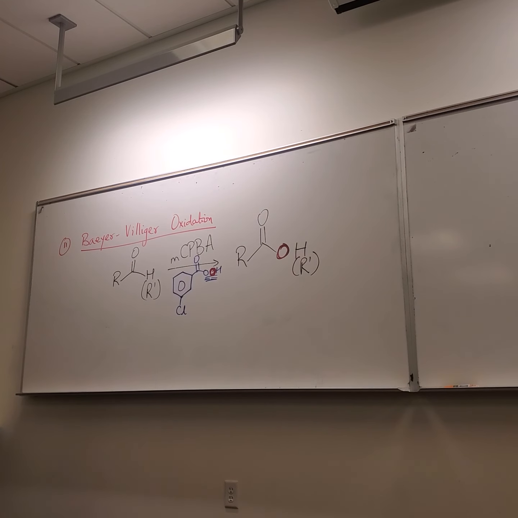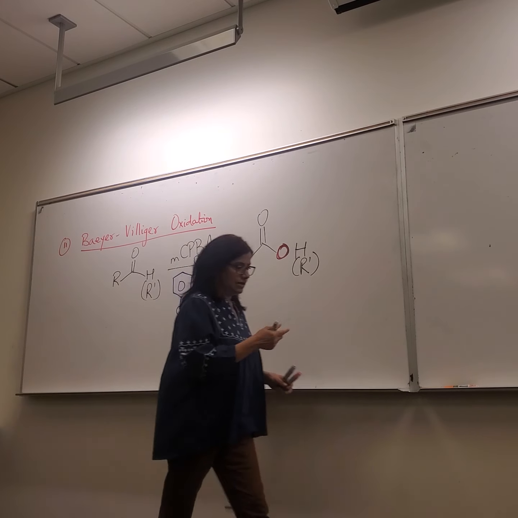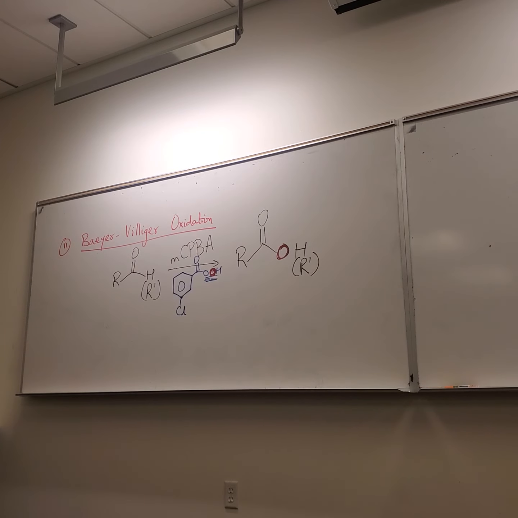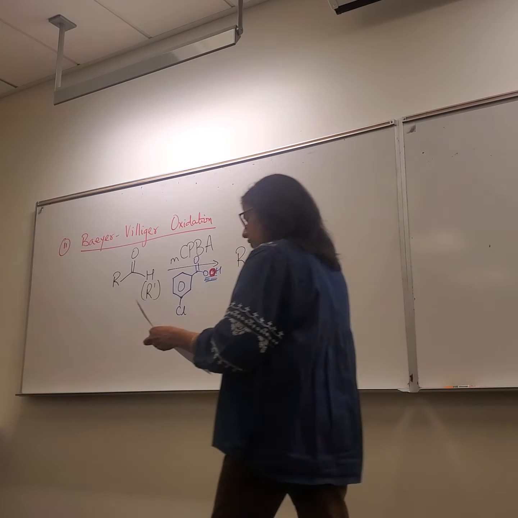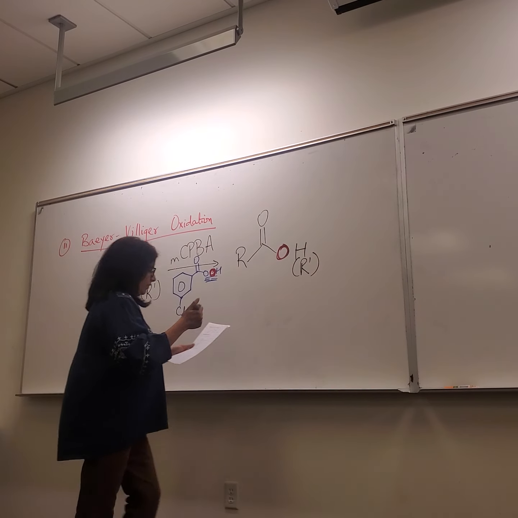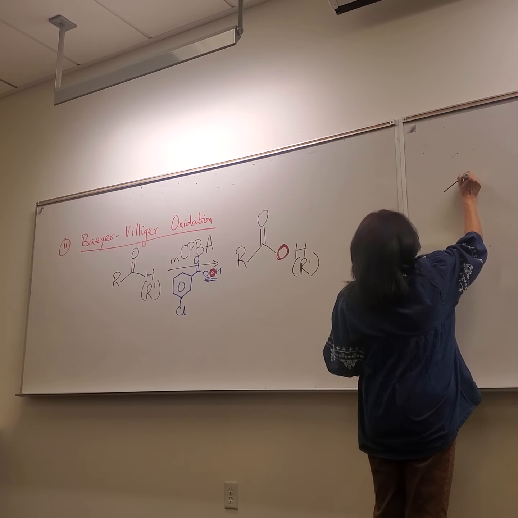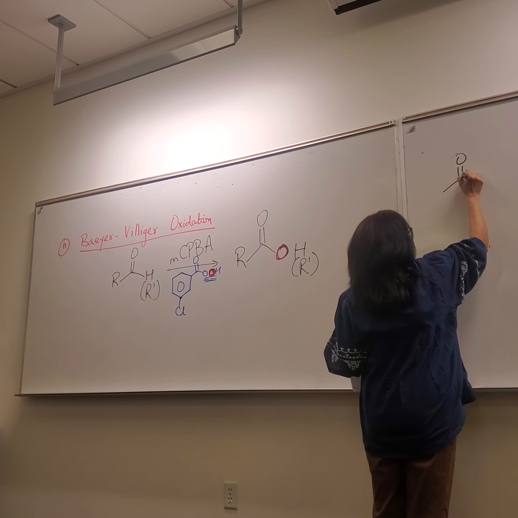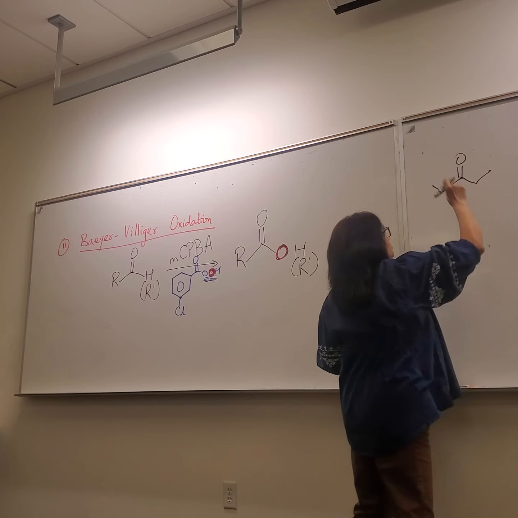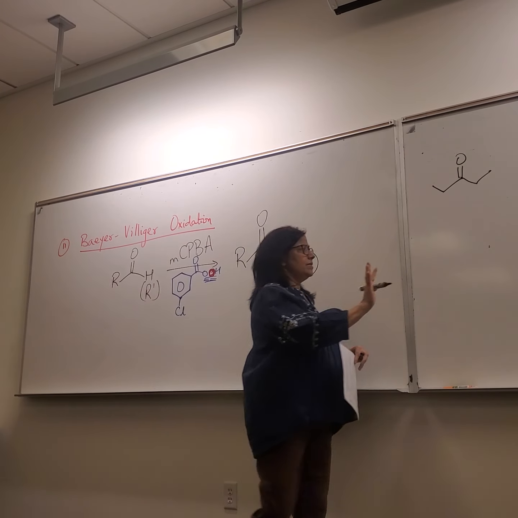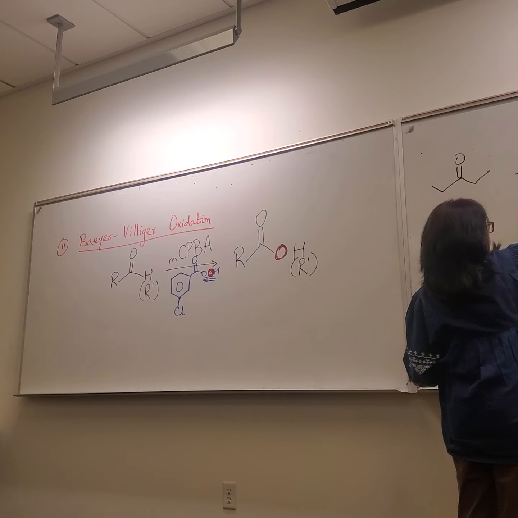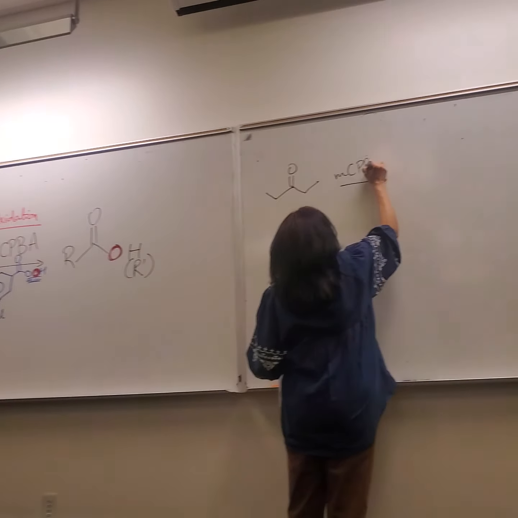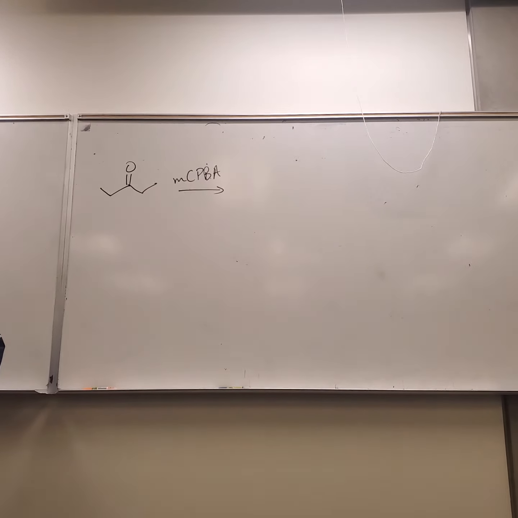ketones into esters directly. So let me give you examples and then I'll add a little more detail. No mechanism needed. We don't need to think about mechanism here. Let's say we have pent-3-one, symmetrical, choosing symmetrical for a reason here, and you reacted it with MCPBA.